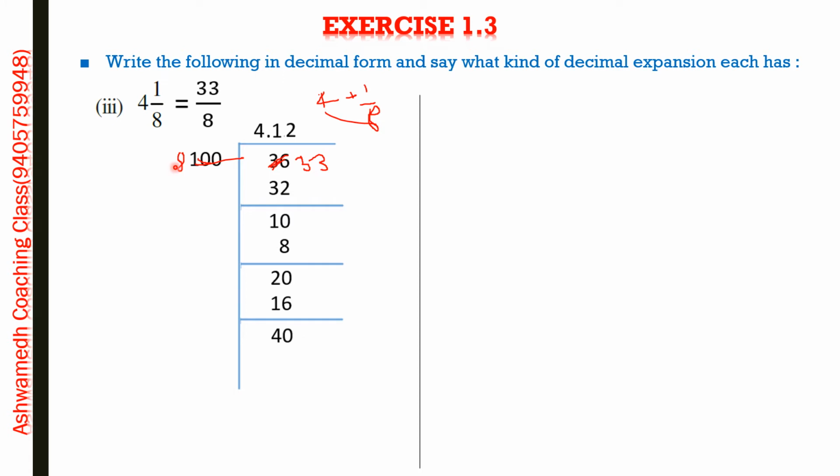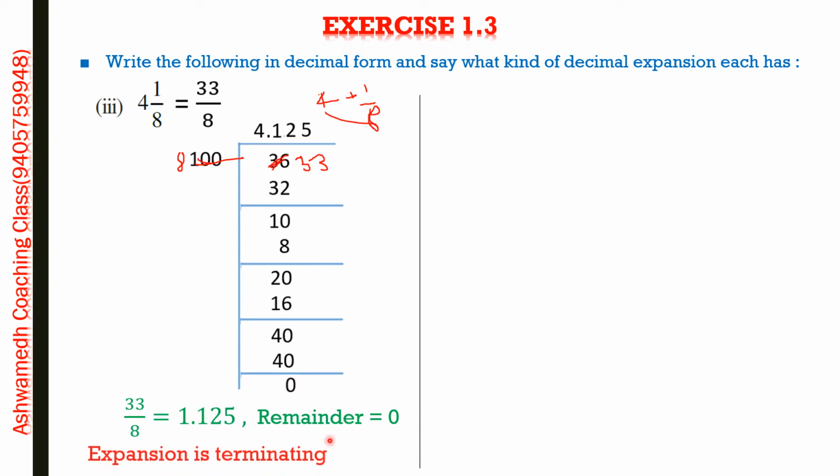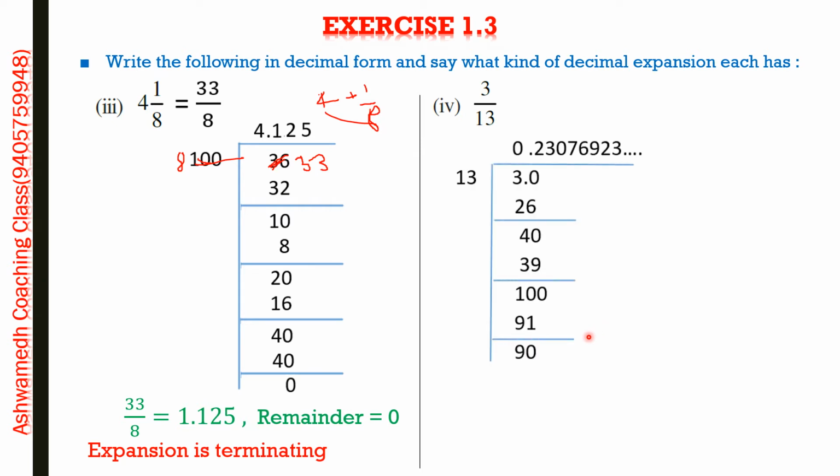Now we can completely divide 40 by 8. 8 into 5 is 40, so you get remainder 0. Once the remainder is 0, it is a terminating decimal. So 33 by 8 is 4.125, and the remainder is 0, therefore the expansion is terminating. Got it?